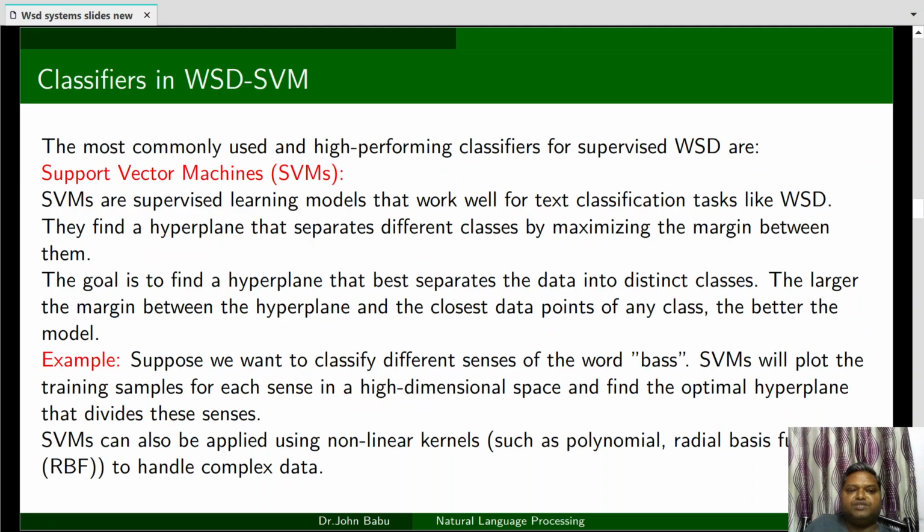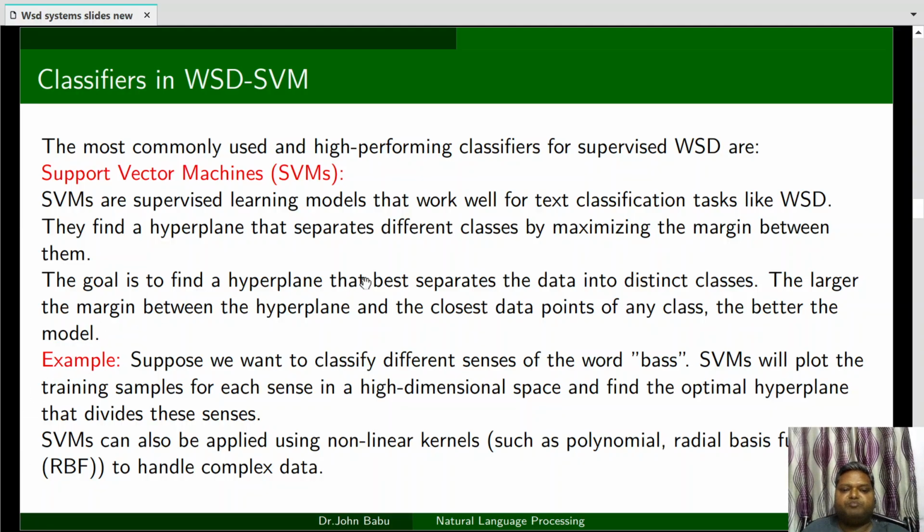The classifiers that are used in word sense disambiguation: one is SVM, support vector machine, which is a binary classifier, though we can use it for regression and multi-class, but basically we know that SVM is a binary classifier.